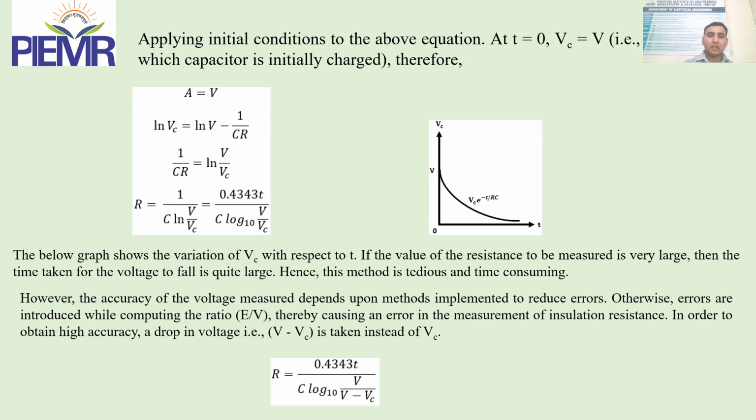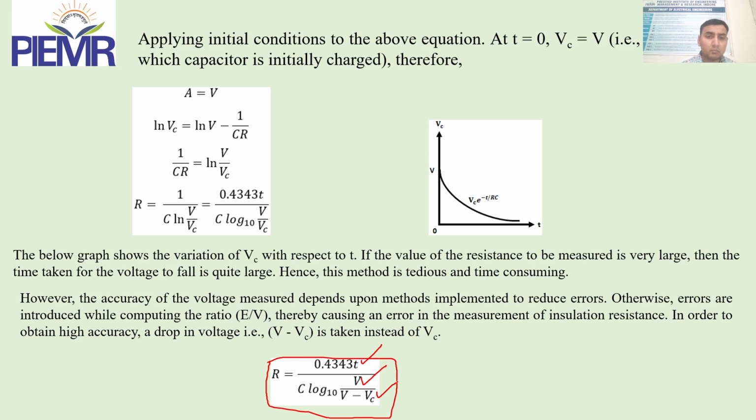So the resistance R of the circuit can be found out by calculating the time t. We know the total voltage V that we applied, and Vc, the voltage across the capacitor at a particular time during the discharge.